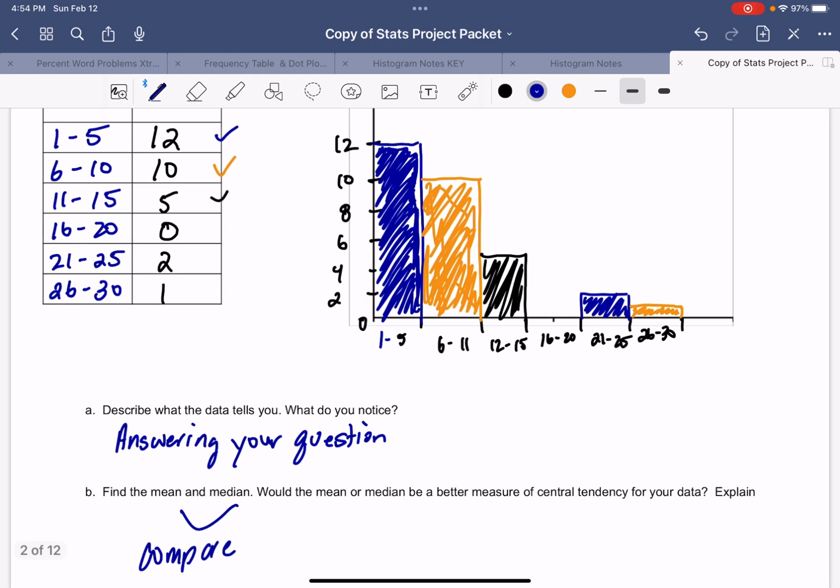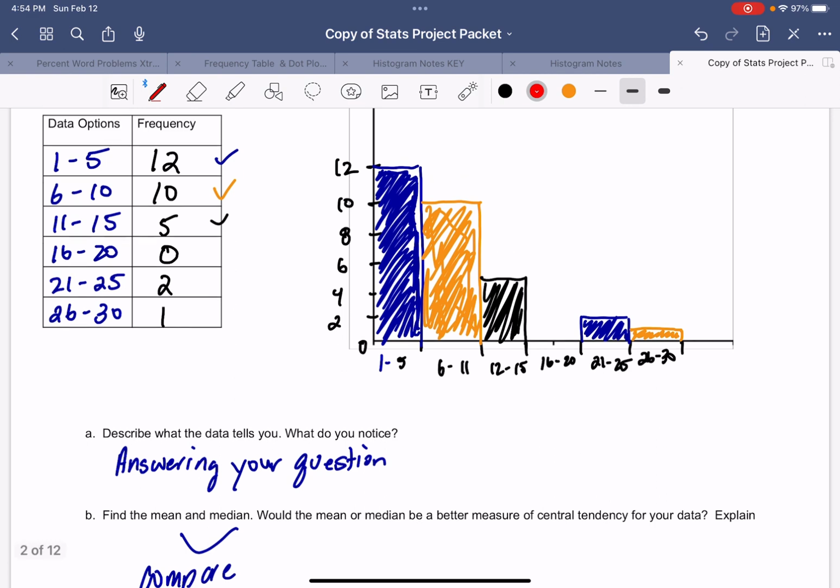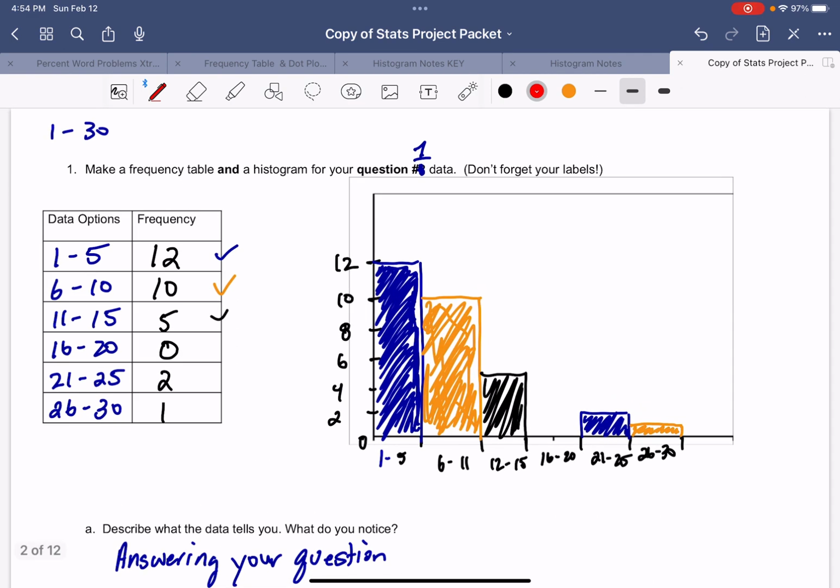So for example, let's say that my mean, my average, I'll write it in red here. Let's say my mean is 7.28. Remember, you can get a decimal, all right?